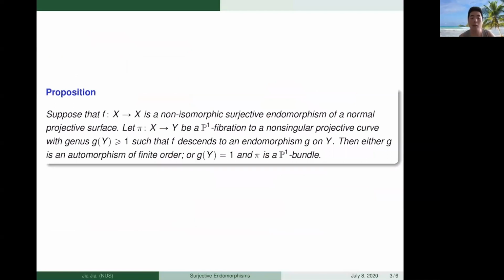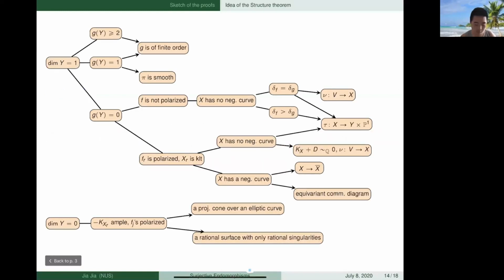F is a non-isomorphic surjective endomorphism, and pi from X to Y is a P1 fibration, and the base Y has genus greater or equal than 1. So either this G is an automorphism, or genus of Y equal to 1 and pi is a P1 bundle. We can apply this because the final contraction is a P1 fibration in our case. This is the genus Y equal to 1 case.